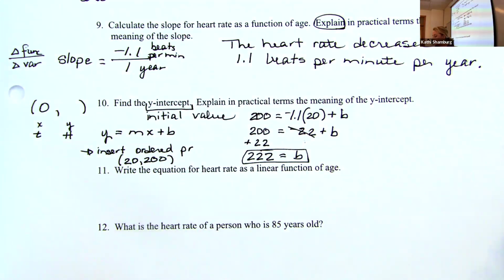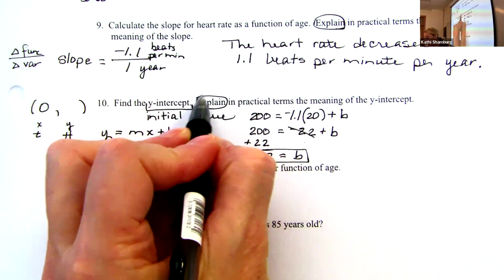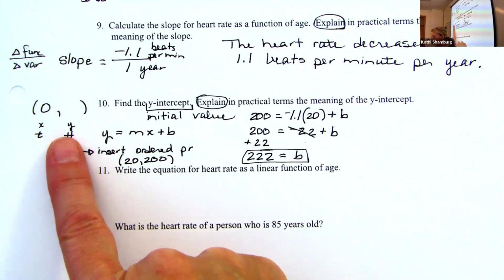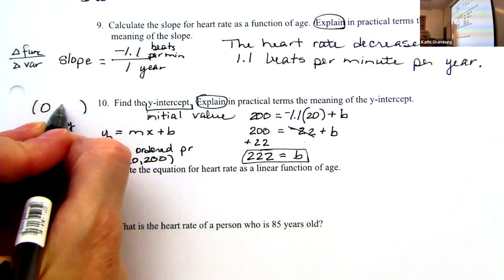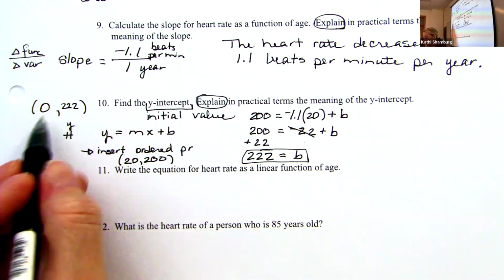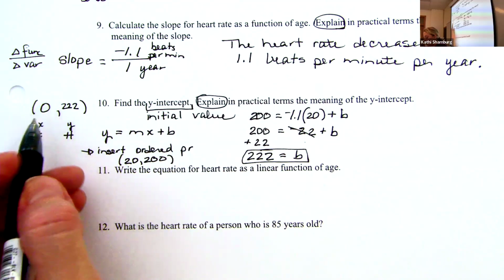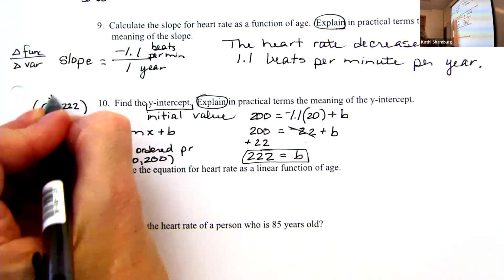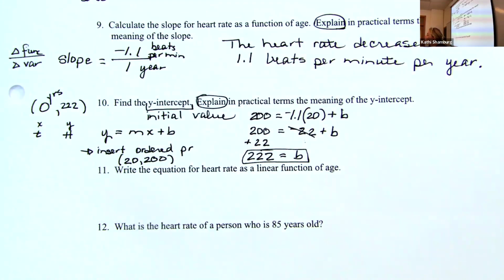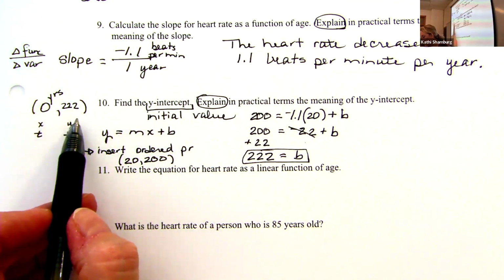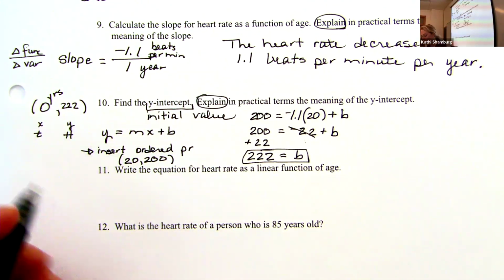All right, now they asked me to explain this. So I'm going to come over here and think in terms of my ordered pair. This is the variable, this is h. So this is 0 years. So when is that in this particular person's life? When have they had 0 years? At birth, right? Okay. And what's 222 mean? Beats per minute.